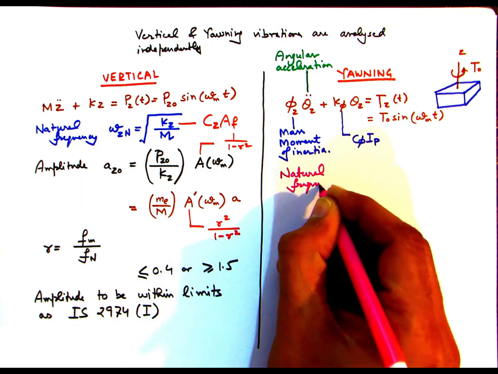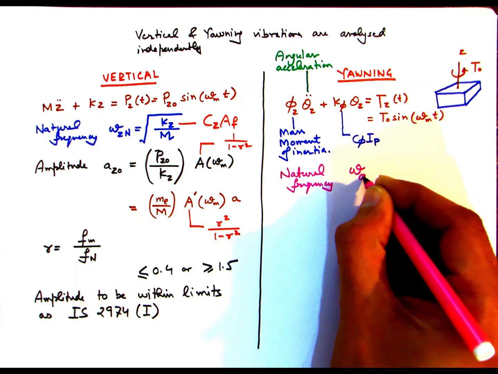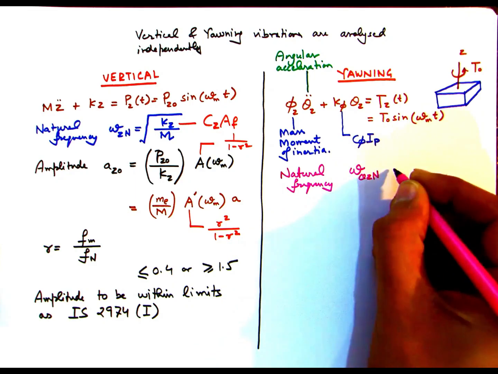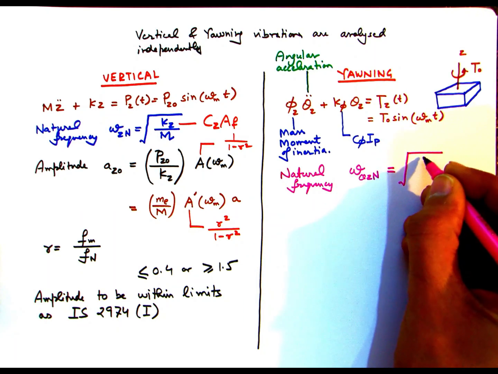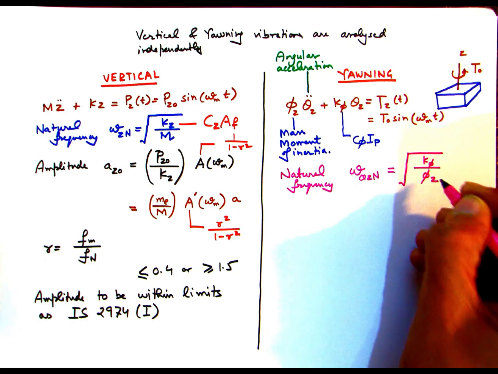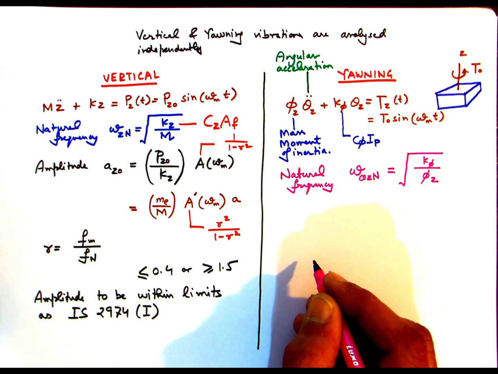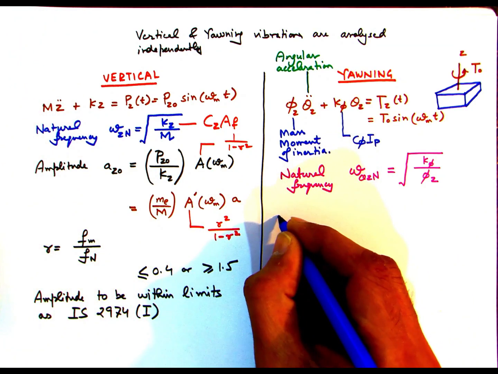So here we can write the expression for angular frequency. That will be omega theta z n, where theta z refers to the rotational vibrations about the z axis. That is the square root of k phi by phi z, and again the units are radians per second.